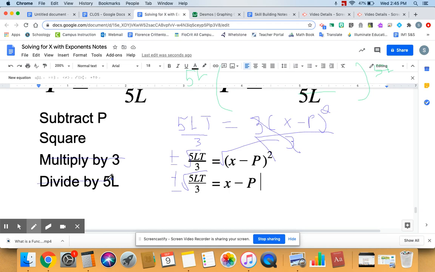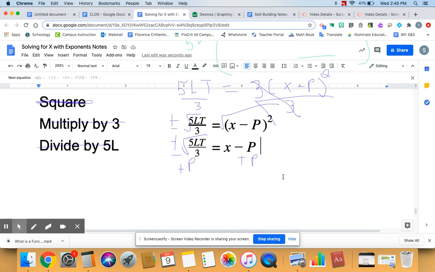And so finally, I've divided by 5L, got rid of that, got rid of multiplied by 3, got rid of the squared. I have to get rid of the fact that we're subtracting p. The inverse of subtracting is adding, so I have to add p to both sides. It doesn't matter if you write it first in front, just p plus minus this stuff, or if you added it to the end.